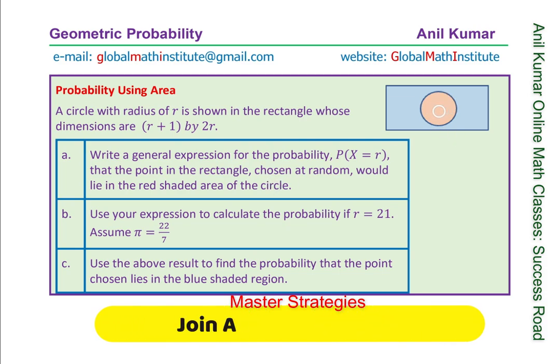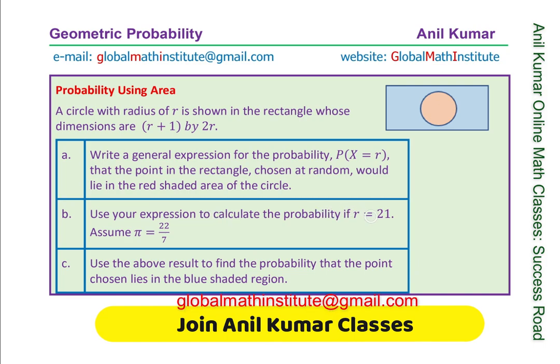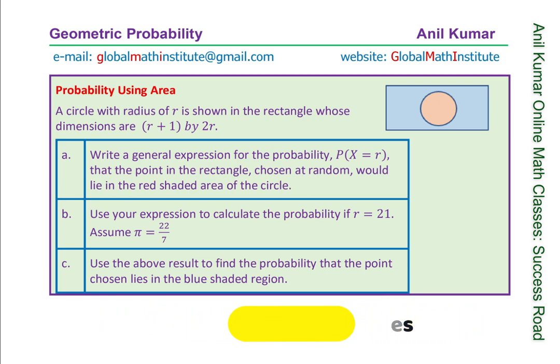That is the ratio of the two areas, but you have to write an expression. Part B is: use your expression to calculate the probability if r is equal to 21 and assume pi as 22 by 7. Well, pi is approximately 22 by 7, as good as 3.14. But with the values chosen, you will find that it can be done very easily without using a calculator. That's the whole idea.